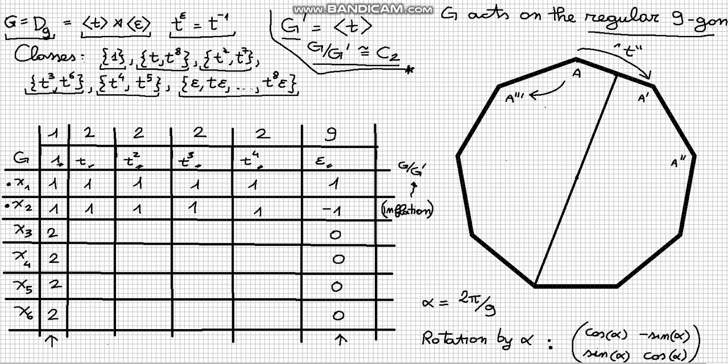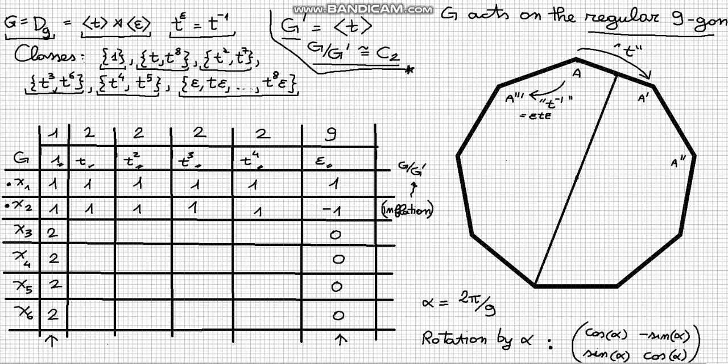So which is the inverse of T. This is what you would call T inverse. And what I just showed you is that it's equal to epsilon T epsilon, which is the conjugate, because epsilon has order 2.